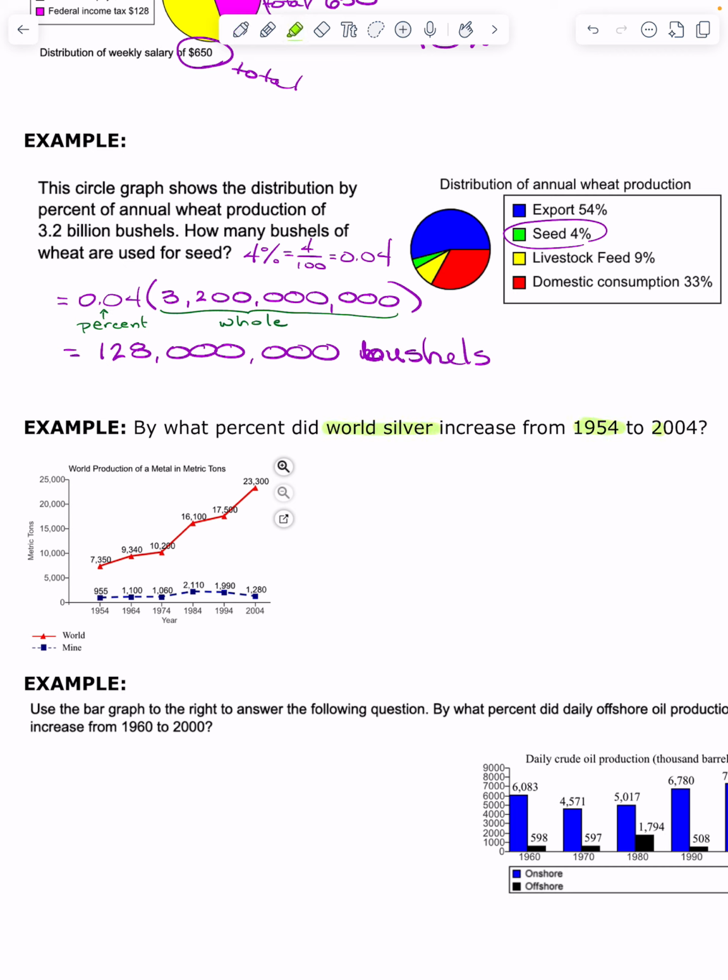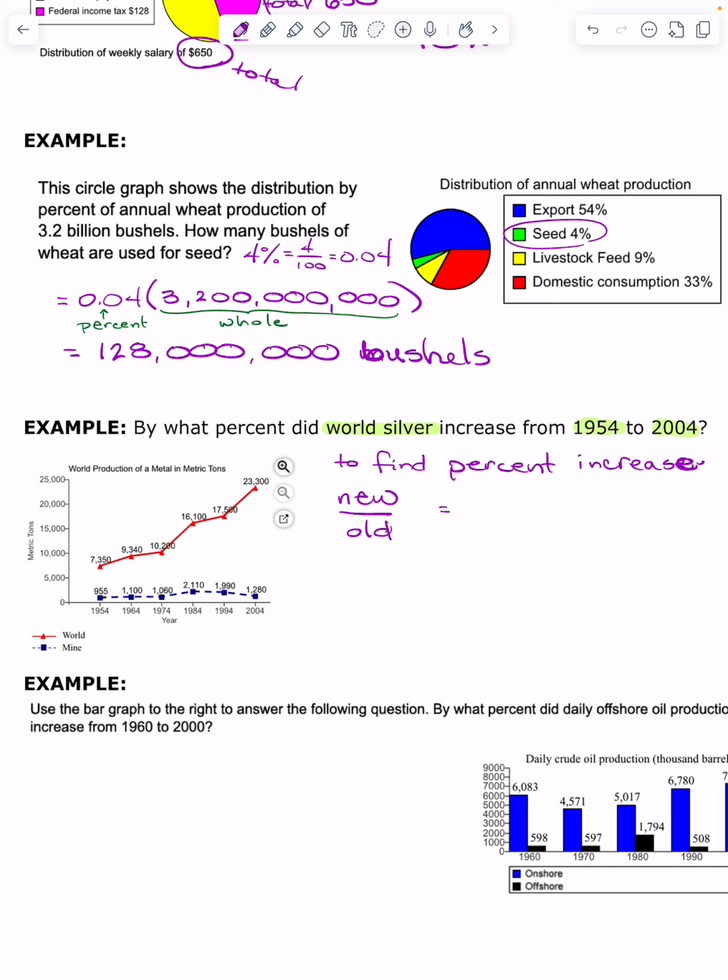By what percent did world silver increase from 1954 to 2004? To find a percent increase, or decrease for that matter, increase, and that was right, just looked funny. We take our new value and we divide by our old.